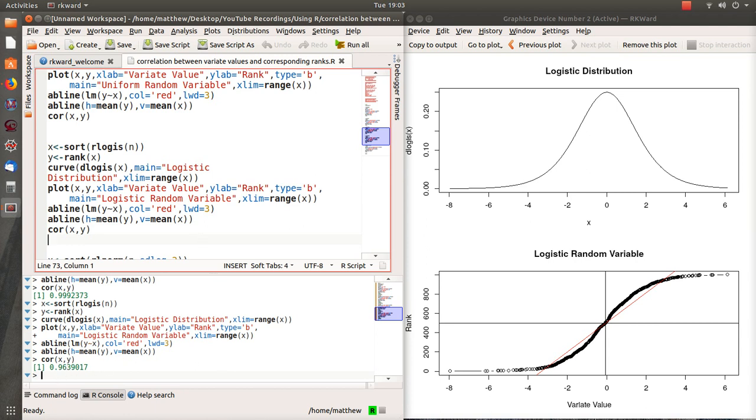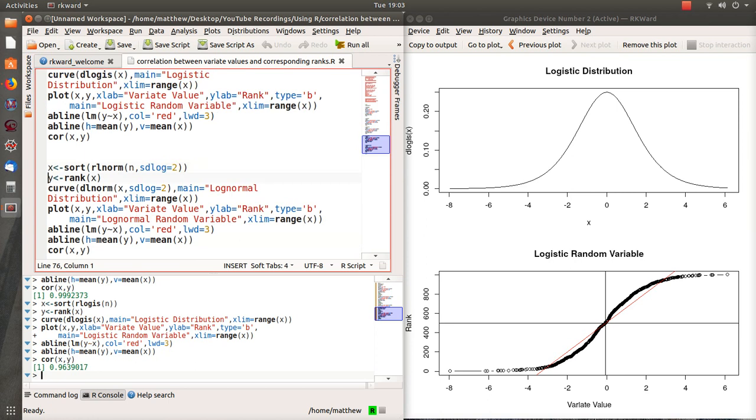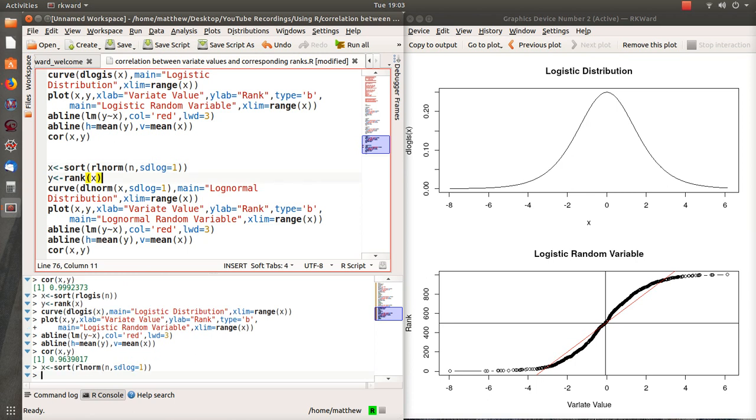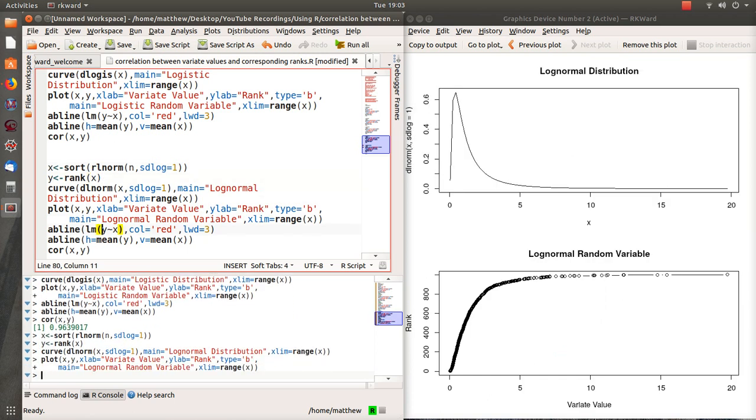But now let's look at something that's highly skewed. We're going to look at a log normal distribution with a standard deviation of 1 here. So let's plot it, and this is the case. So this is highly skewed. So most of the data will be here.